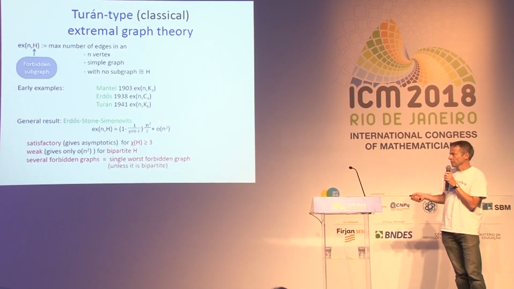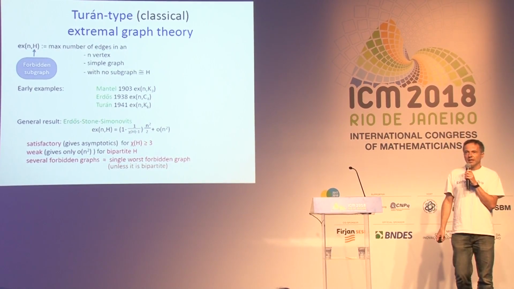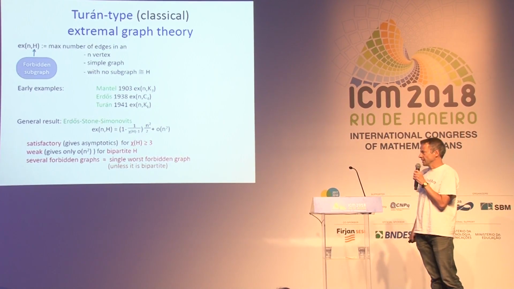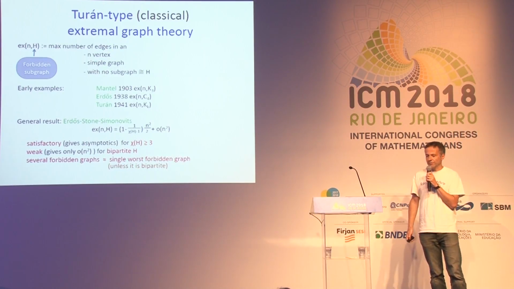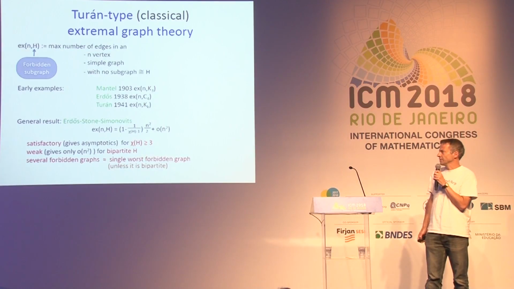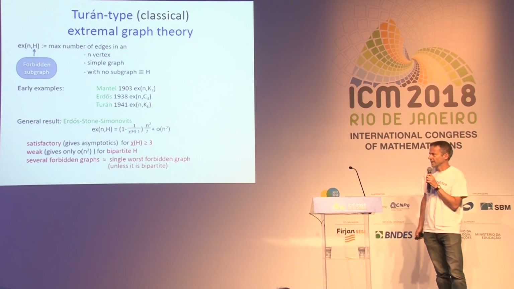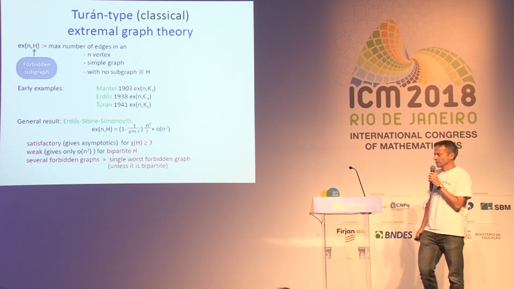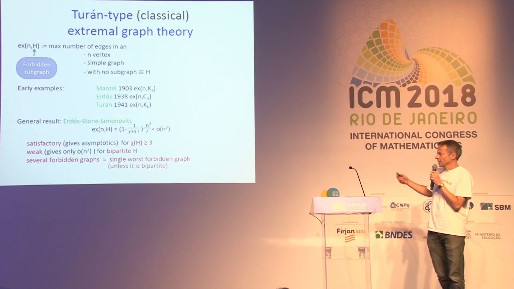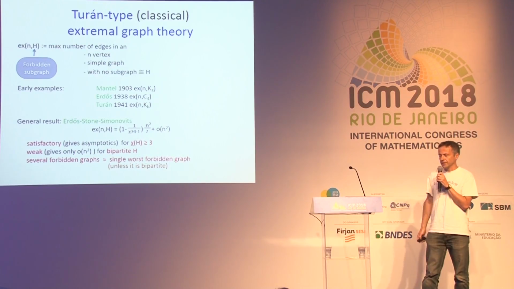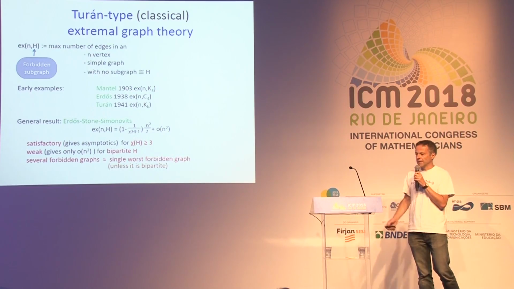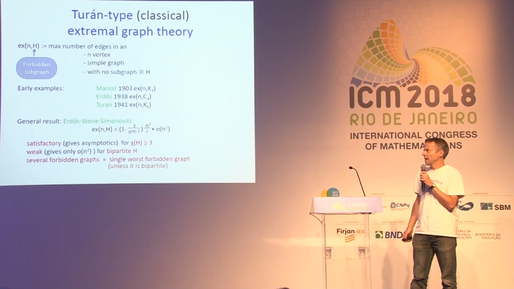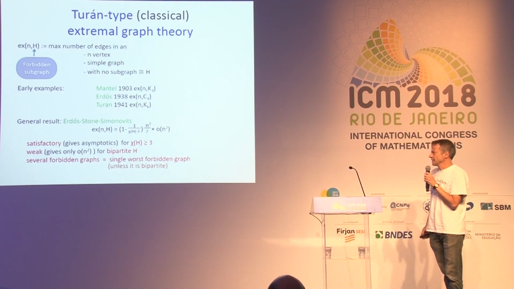So the error term becomes bigger than the main term, and you only get that you don't have a quadratic number of edges if your forbidden graph is bipartite, but you don't have an asymptotic formula. So the most important open problems here are with bipartite graphs, and there are lots of open problems here. Some of them will come up during the talk.